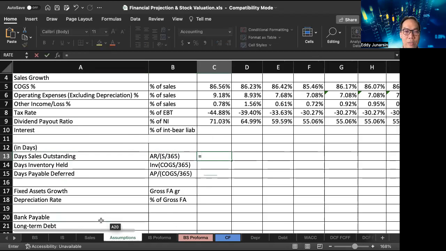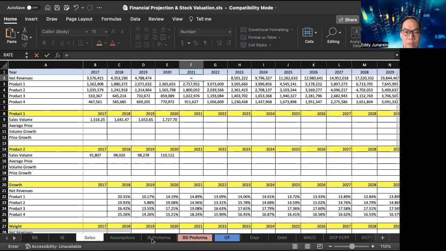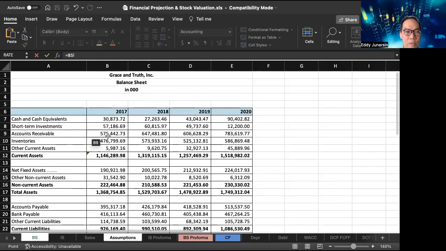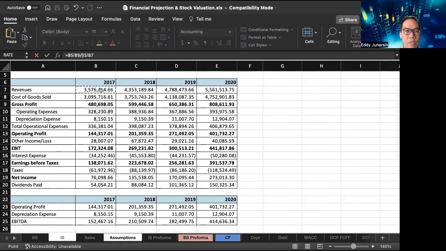Let's find out. This is accounts receivable divided by daily sales. Right, accounts receivable divided by daily sales in 2017.